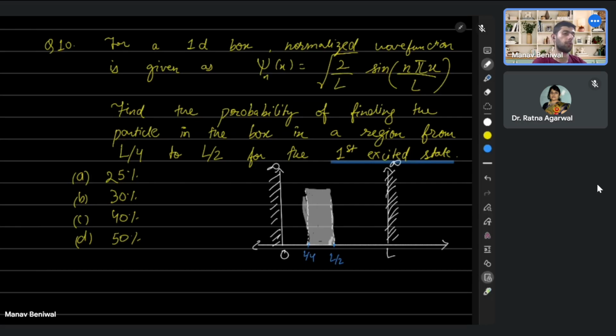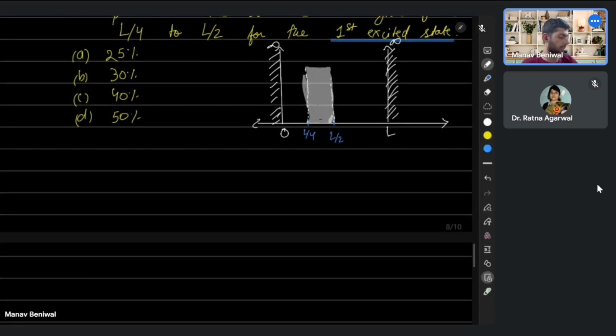Now how do you define probability? Okay, so let's get started.